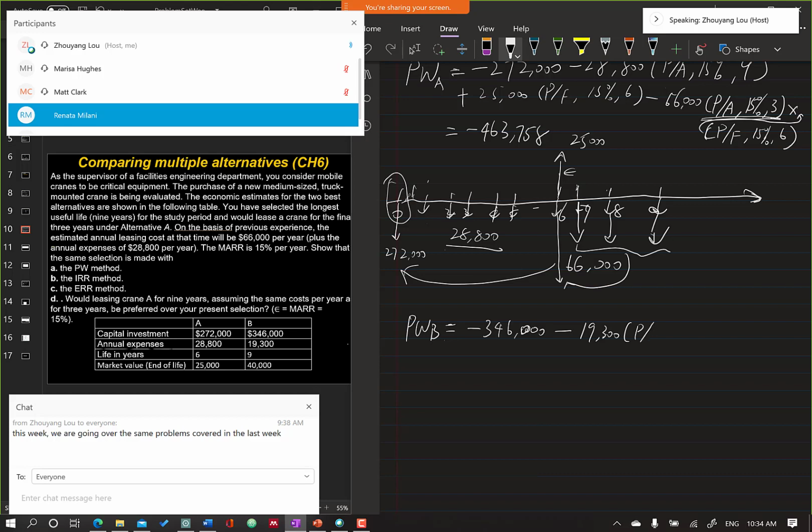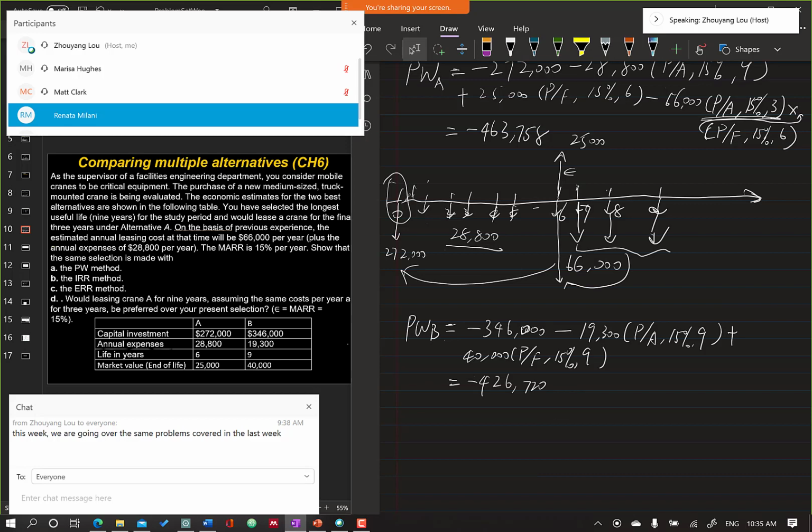So calculate the present worth given annuity, 15%, 9 years. And that's this part. And the market value of this project would be 40,000, and find the present worth given that's the future value. And it's at year 9, so 9 years. And we are done. And this value would be minus 426,720.